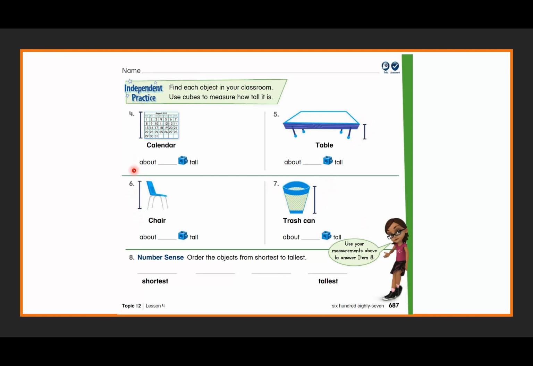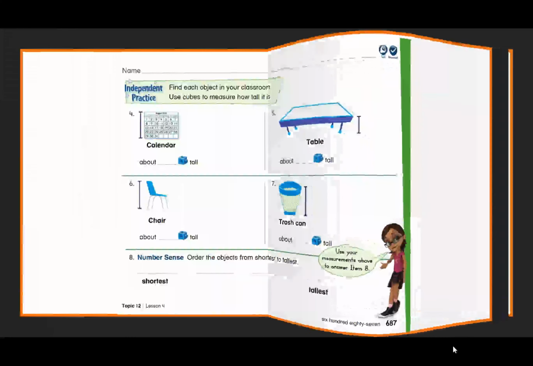How tall is it? So shortest to tallest, not shortest to longest, okay? Shortest to tallest. The last one will be the tallest of all. Understand how to do it? Please feel free to ask me if you didn't understand anything. I'll help you how to solve it.